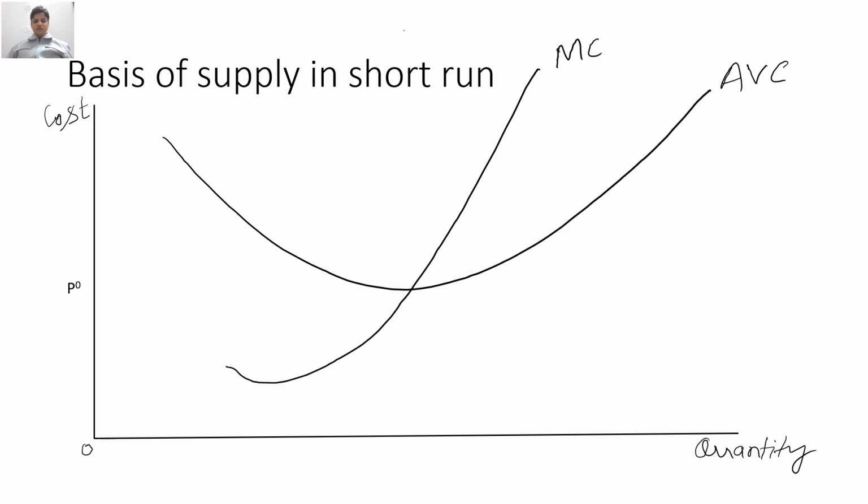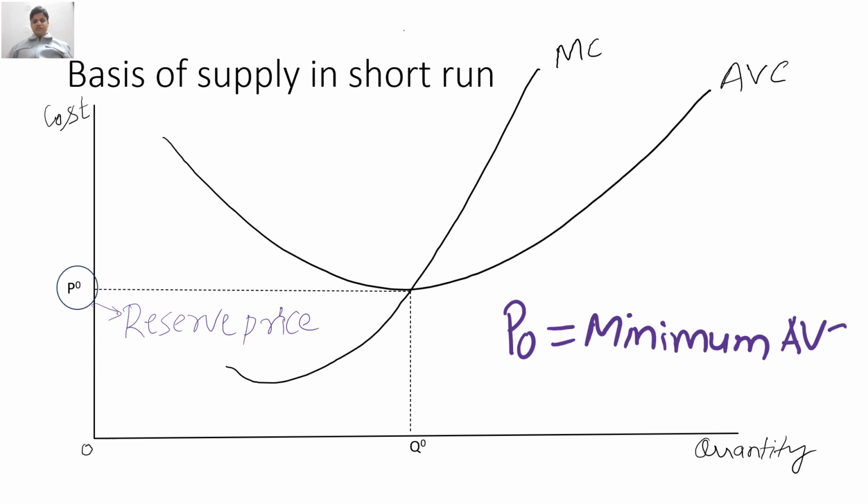So let there be a price P0 on this cost axis. Correspondingly we have Q0 quantity of output that is produced, and this P0 is now called the reserve price. P0 is equal to the minimum of AVC. This is called the shutdown point, or closing point, because if the producer is not able to recover the minimum average variable cost, which he should really get, then he will close the plant and would be happy suffering the fixed cost.